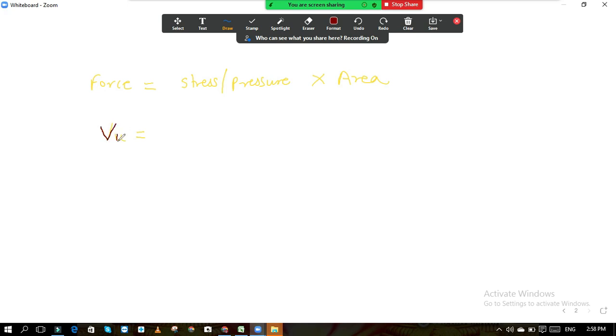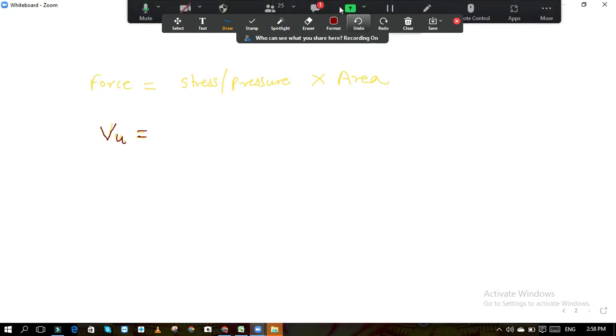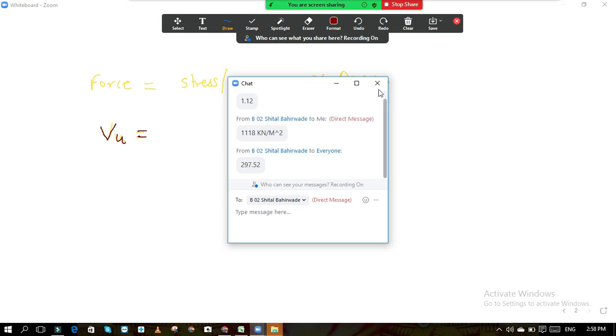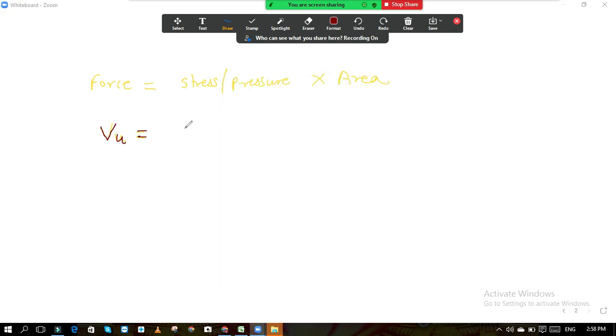How much is it? 297.52. Okay, so the soil pressure is 297.52. This is your soil pressure into area.